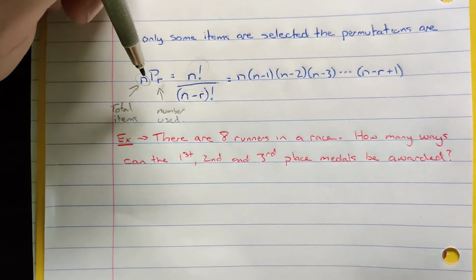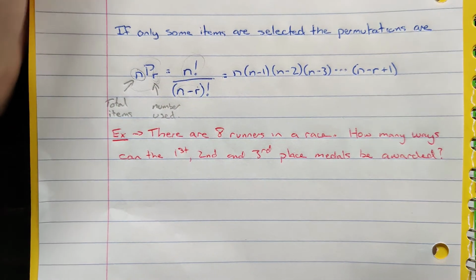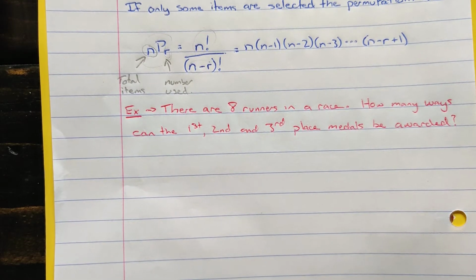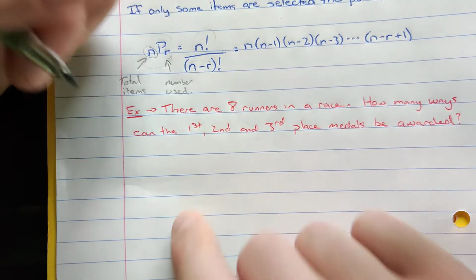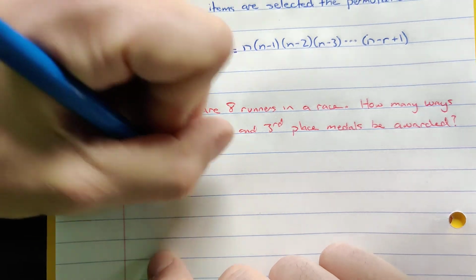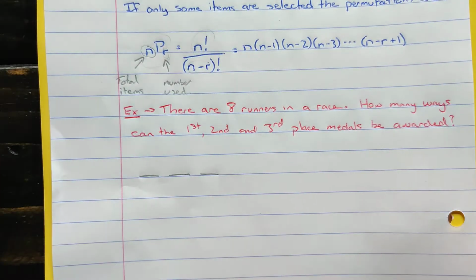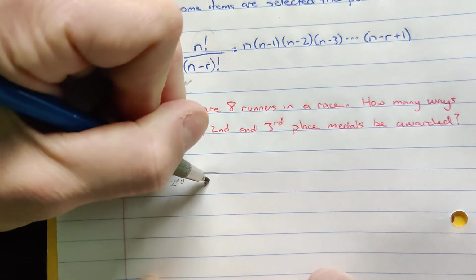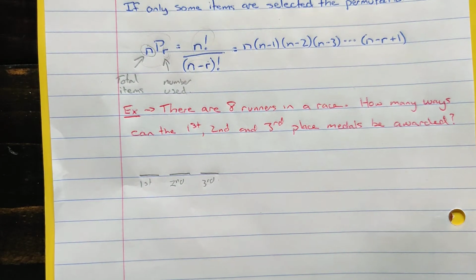But in general, you'll be able to use this button on a calculator, and I'll show that in some of these examples. So if we have 8 runners in a race, how many ways can the first, second, and third place medals be awarded? We'll look at a few methods of doing that. Order matters, right? We have first place, second place, and third place in a race. How many ways can we arrange these?